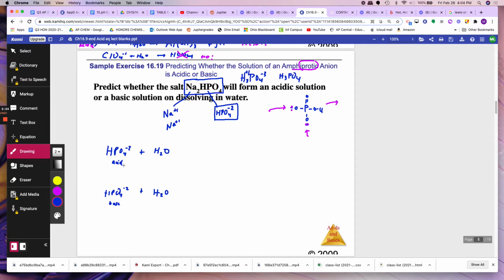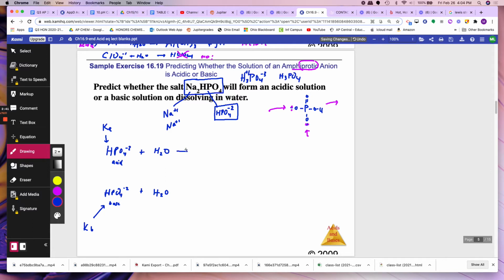And the only way you'll know which one it'll do more is to figure out which is bigger, the Ka of this acid or the Kb of this base. Whichever is bigger will tell you whether it's acidic or basic. Okay, so let's do the reaction.